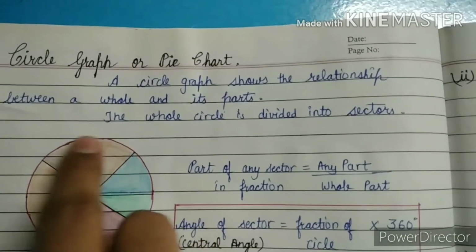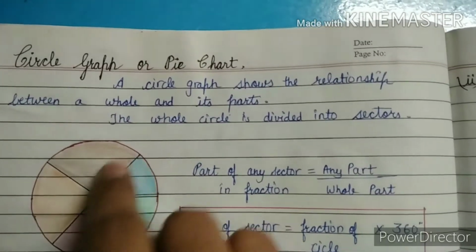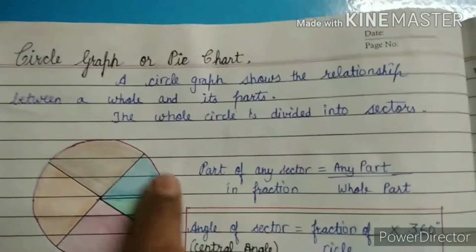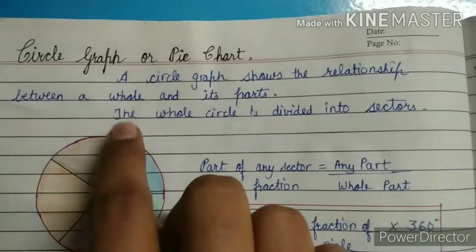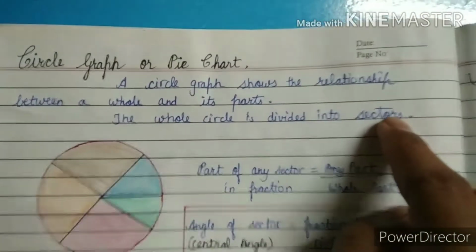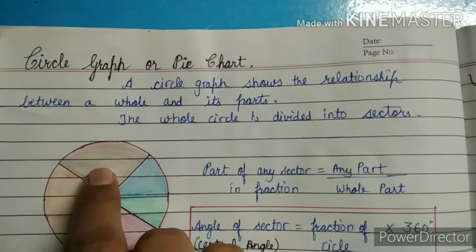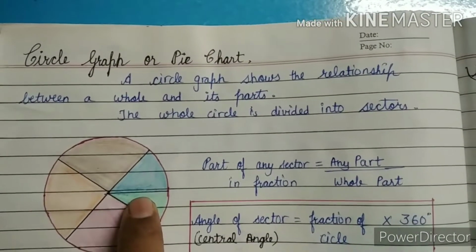It means the complete circle shows us the whole and its partitions, like blue color, brown color, orange color, red color and green color. They are showing the parts of the whole. The whole circle is divided into sectors. So blue is one sector, brown is one sector, orange is another, red is another and green is another.